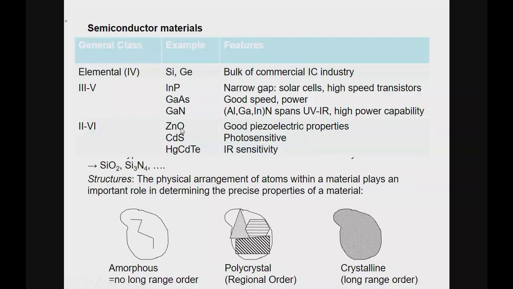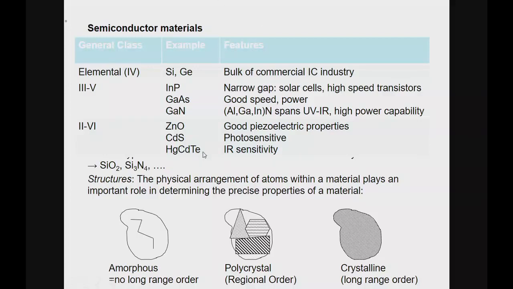Zinc oxide was considered to be pretty much an insulator, but people are making zinc oxide semiconductor devices. They're even making semiconductor devices out of diamond. And diamond is probably the best insulator that you can get. So this area between a conductor, a semiconductor, and an insulator, it's getting pretty blurred these days.